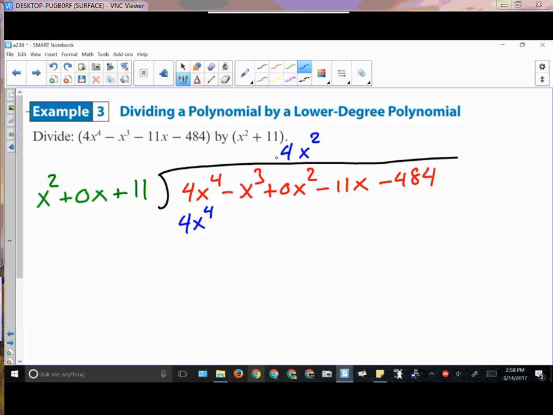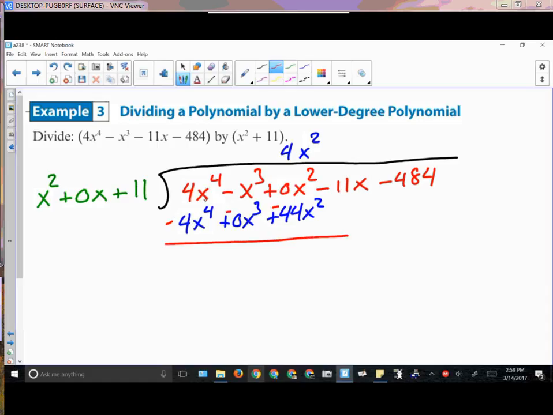And it gets multiplied by 0x, so that's going to give me plus 0x cubed. And it's going to get multiplied by the 11, so that'll be plus 44x squared. So everything that was there was multiplied by the 4x squared, just like in the last one. Everything was multiplied. So change the sign. That goes negative, that goes negative, that goes negative.